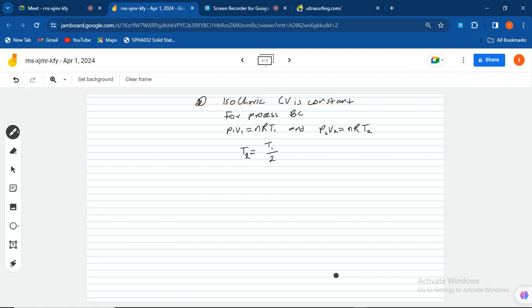We'll substitute where there's T2. Say P2 V2 equal to N R T1 over 2.